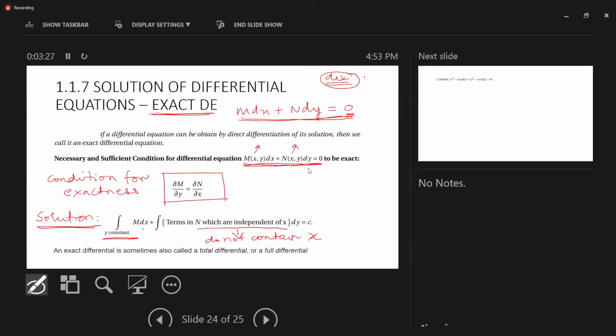Because of that, there are typical applications which make use of this exactness property. So integration of M dx, where y is a constant, plus integration of terms in N which are independent of x, and this integration will be with respect to y, equal to c. So this is the theory part of it.